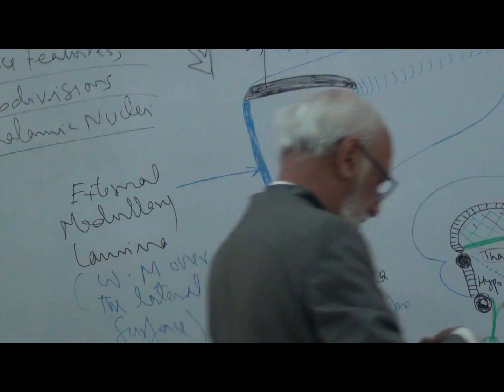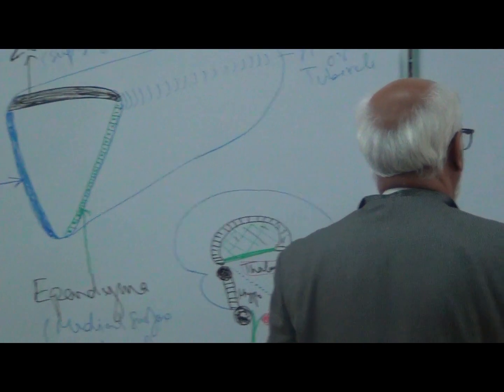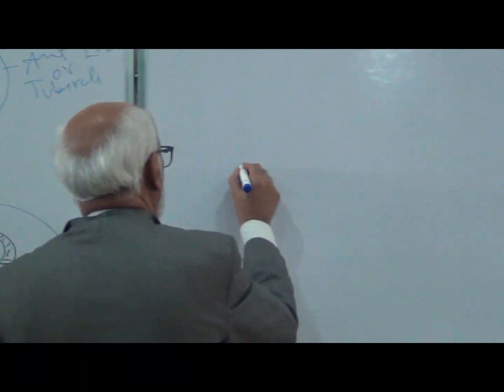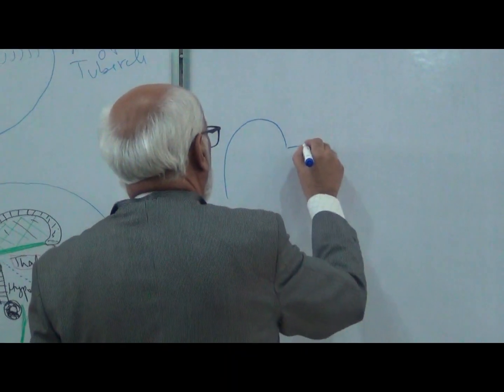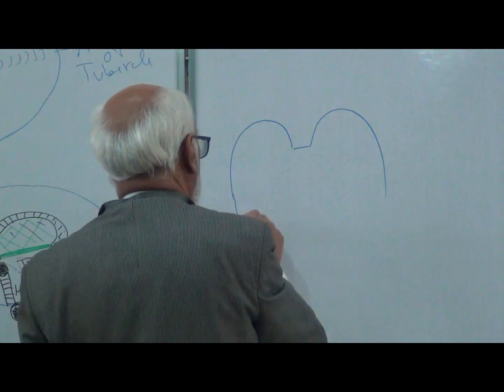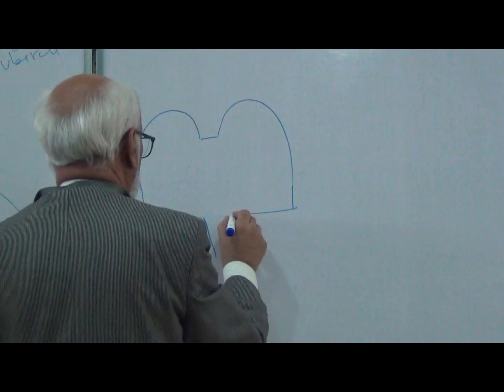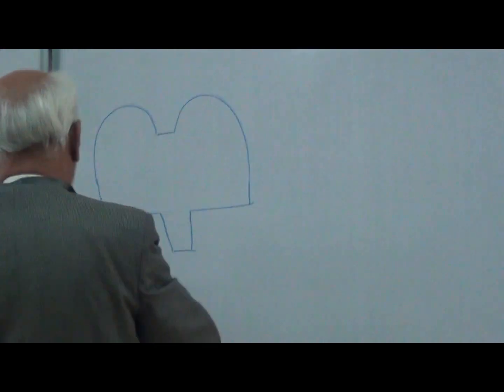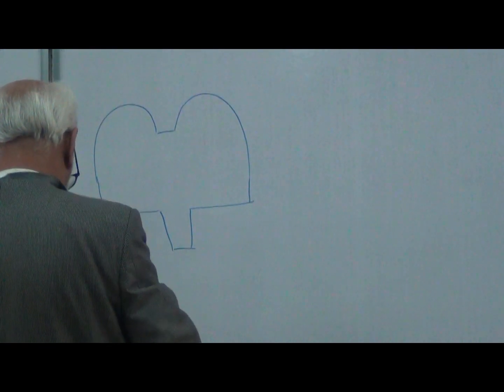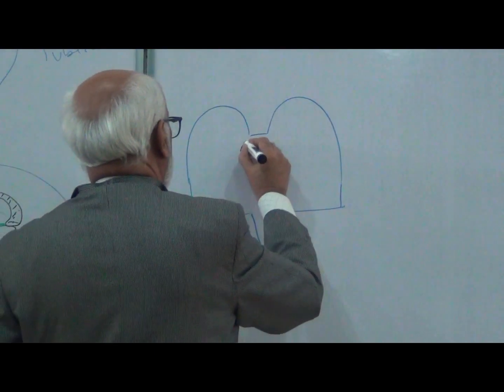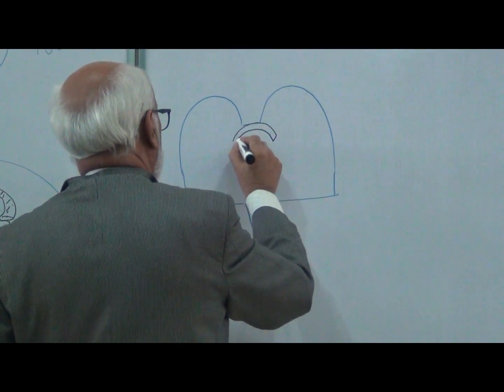Now if we draw a coronal section, the right cerebral hemisphere, left cerebral hemisphere, then midbrain. Now cross section of the corpus callosum.